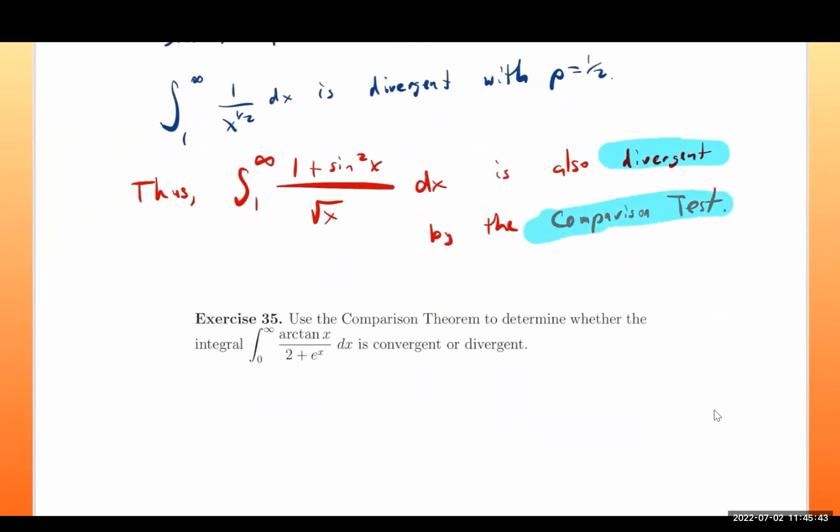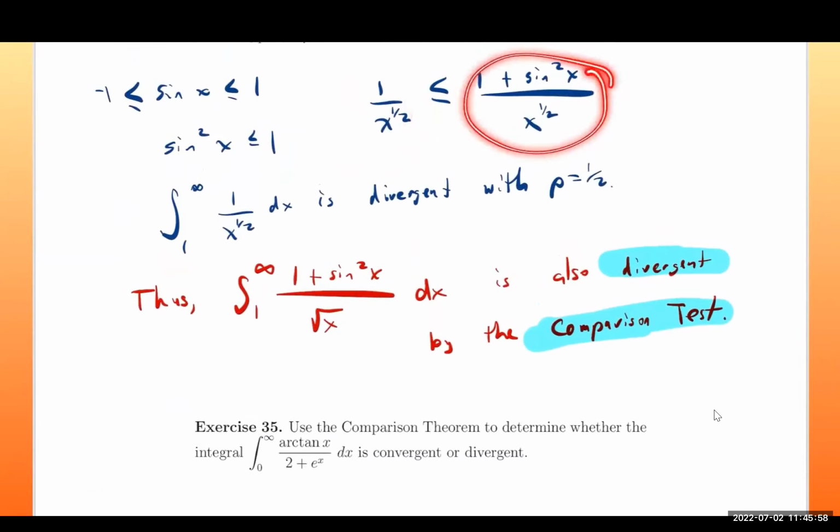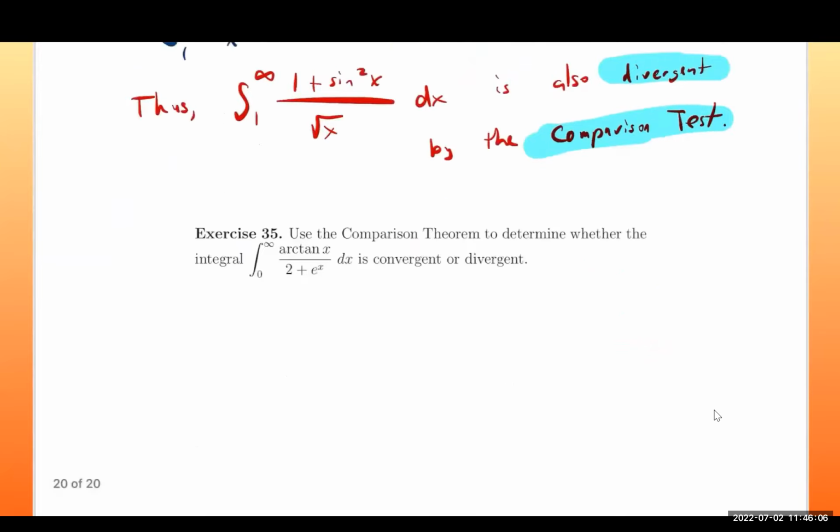So it's very important that you say whether it's divergent or convergent, and you explain why. In this case, it's divergent because of the comparison test. We compared it to this function, which was less than or equal to this function, and since this one diverged, this one had to diverge by the comparison test.